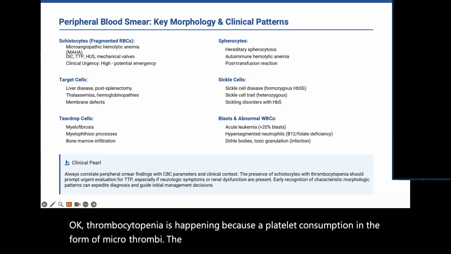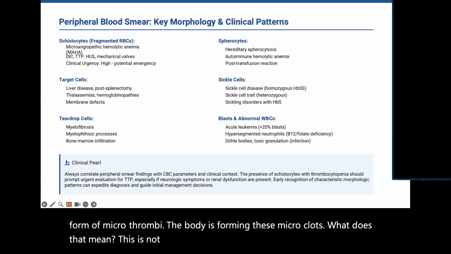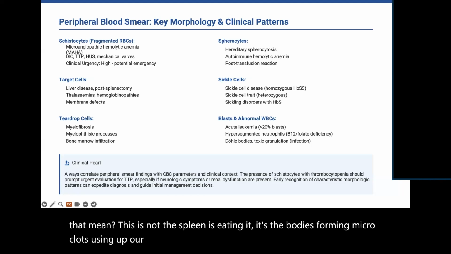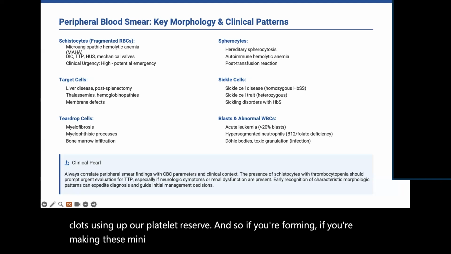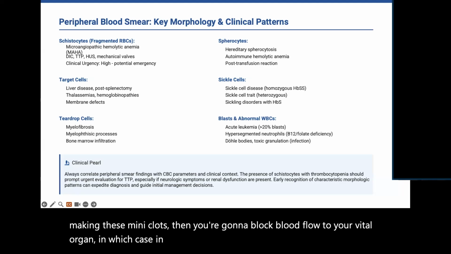The body is forming these microclots. What does that mean? This is not the spleen eating them. It's the body forming microclots, using up our platelet reserve. And if you're making these mini clots, then you're going to block blood flow to your vital organ, in this case the kidney, and that's what the uremia develops from.